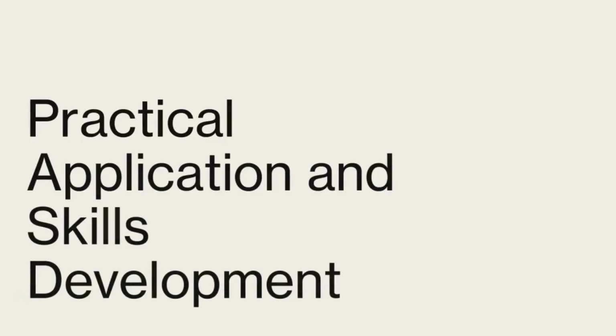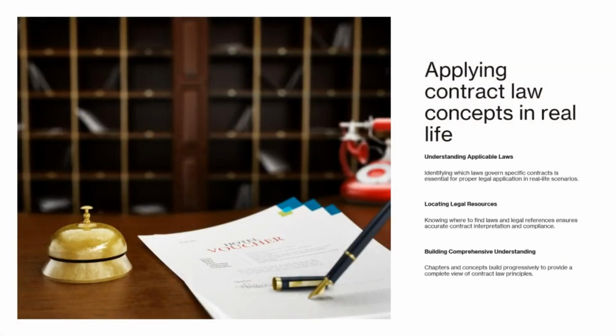So what do we need to know about applying contract law in real life? We would apply it by understanding applicable laws. We know the applicable laws, and we're able to be informed.